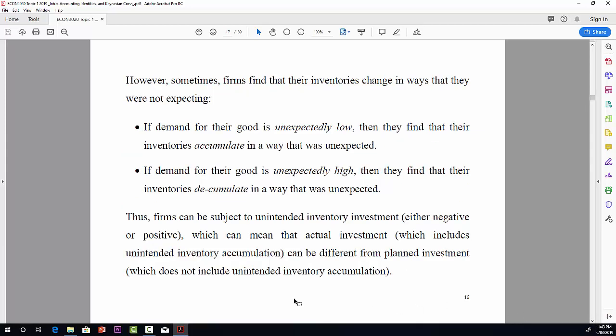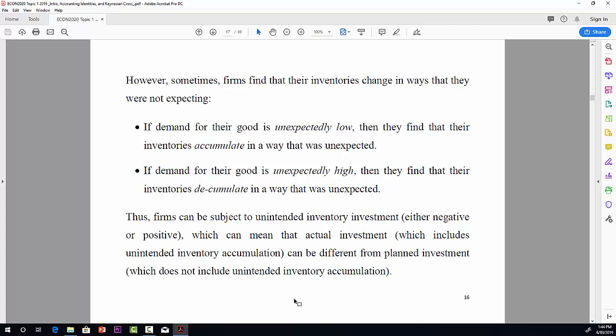However, sometimes firms find that their inventories change in ways they weren't expecting. So if, for example, not many orders come into the carpet factory, if the demand for their good is unexpectedly low, they find that they're grinding away, producing these carpets, and their inventories are accumulating in a way they weren't expecting. And sometimes the demand's really good, so that lots of contracts come in, and they find that their inventories actually decumulate in a way they weren't expecting.